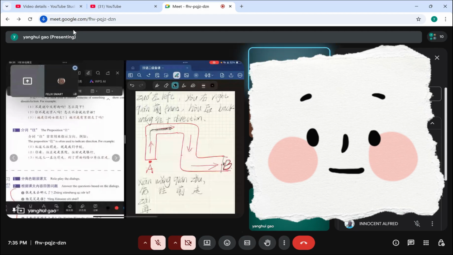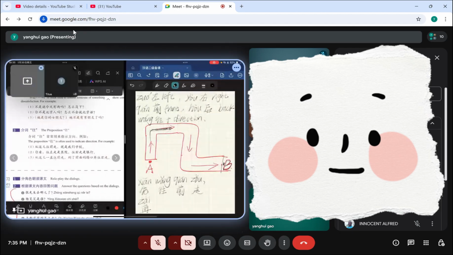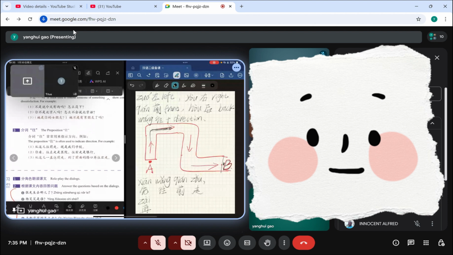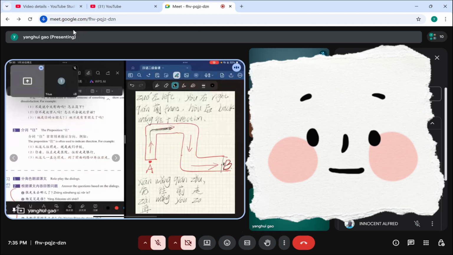Yes, if it is right, then it's 右. Right is 右. So it's 再往右走. Good. So Titus, right? Very good. 再往右走. Good. 再往右走.